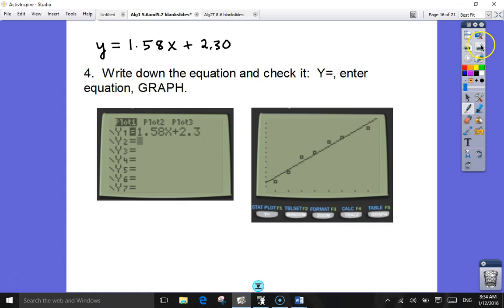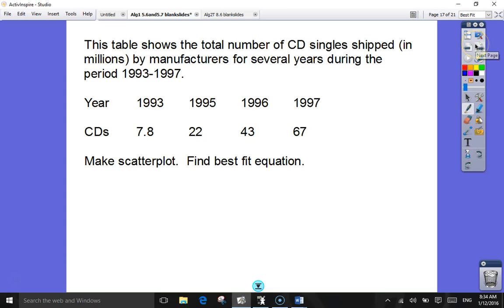Okay, so let's see. So this table shows the total number of CD singles shipped in the millions by manufacturers for several years during the period 1993 to 1997. Again, we're not going to use those years for our X values. How about we let the X values be the years since 1993, right?